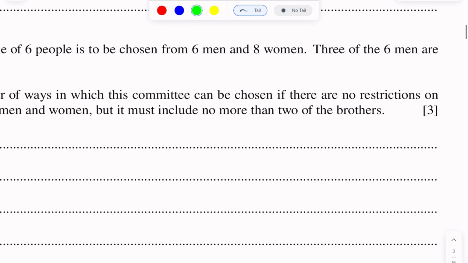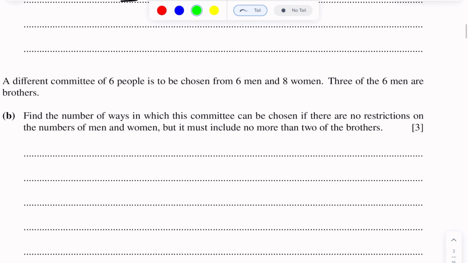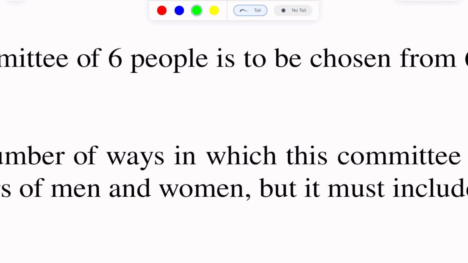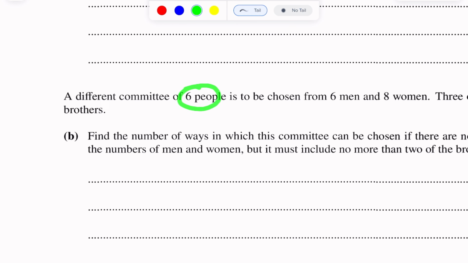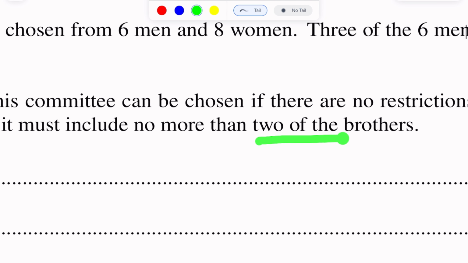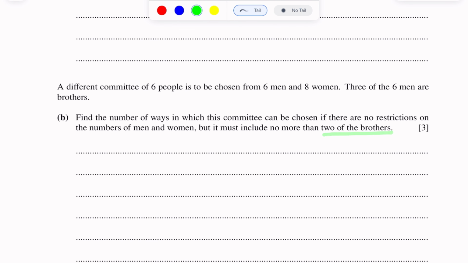Total brothers are 3 out of 6 men. There are 6 people in the committee, and these 6 people must include no more than 2 of the brothers.